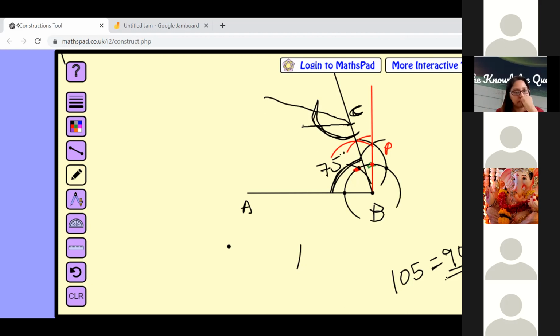Should I make the C to D 5.4 centimeter line first? Yes. If you have made 105, then the main line from C to D, that should be how much? 5.4, right? That will be 5.4.